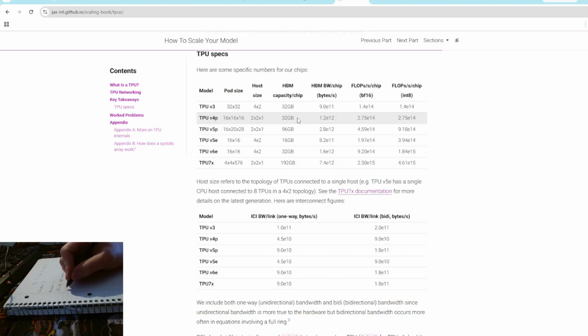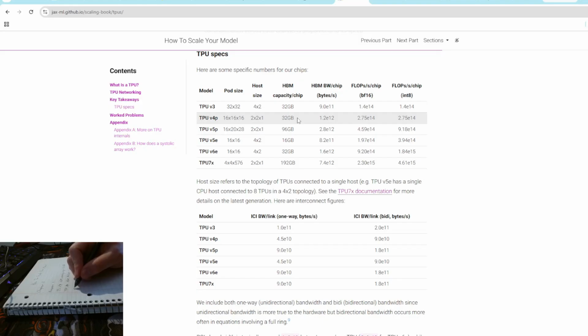And TPU V4P HBM bandwidth per chip equals 1.2 E12 bytes per second.